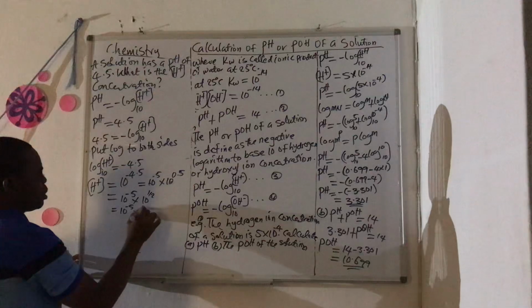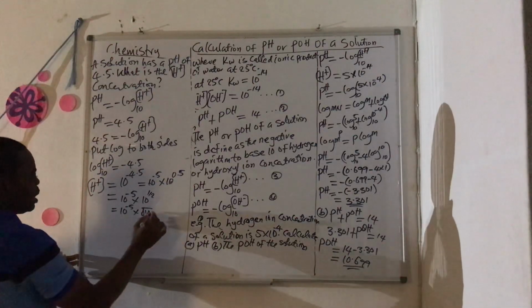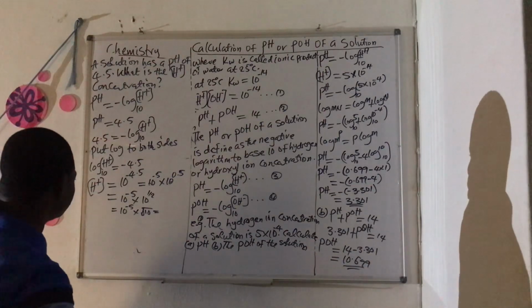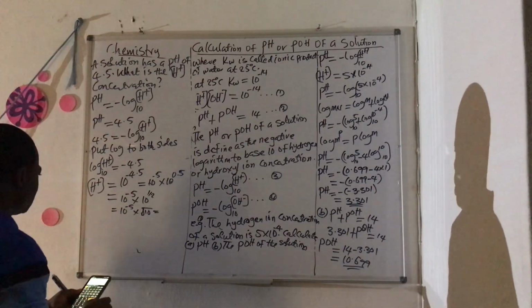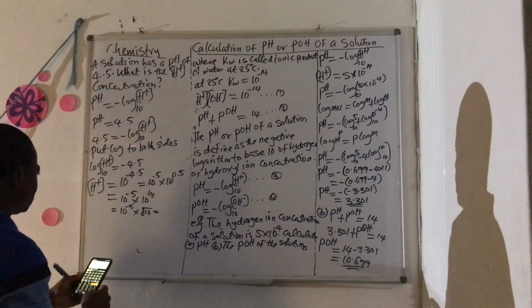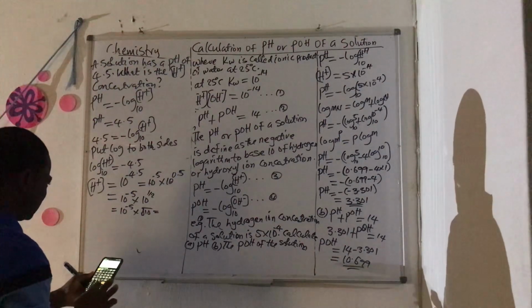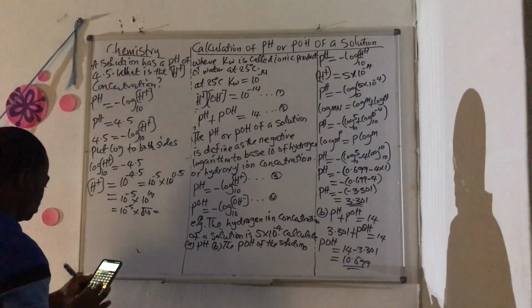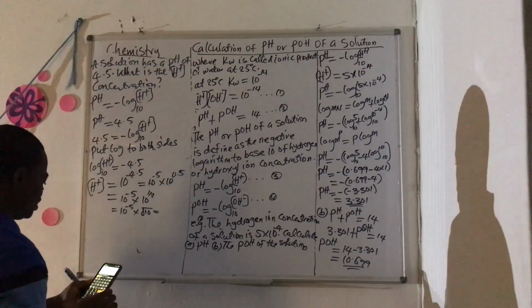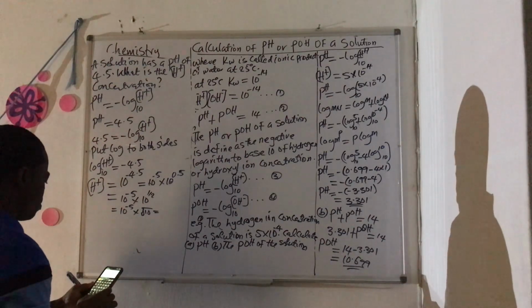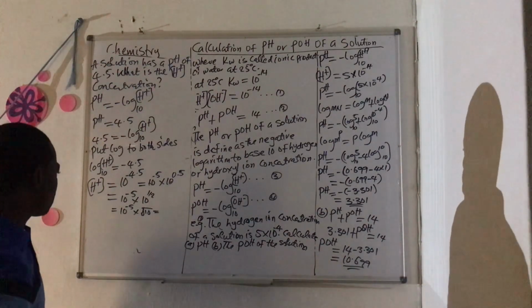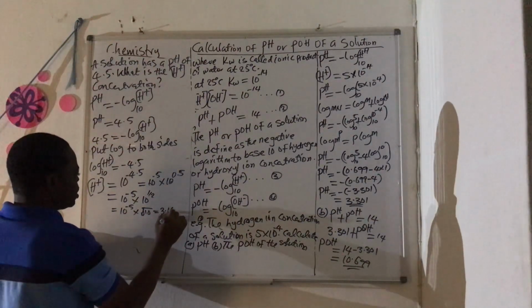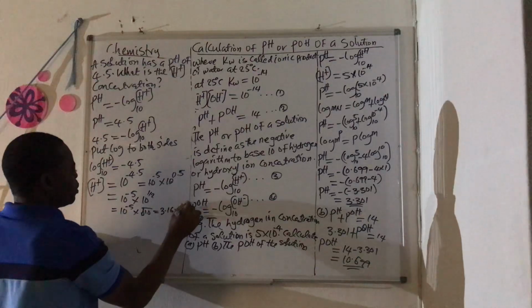The square root of 10 gives us 3.162, which means this answer can be written as 3.16 times 10 raised to power minus 5.